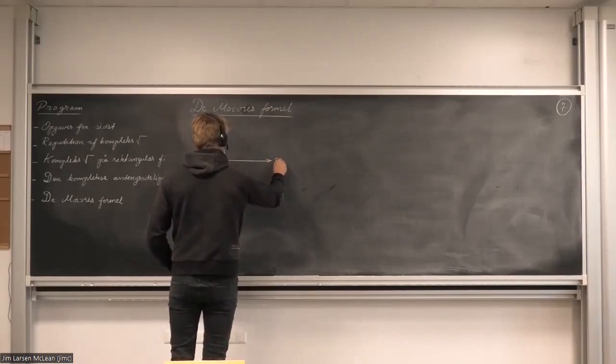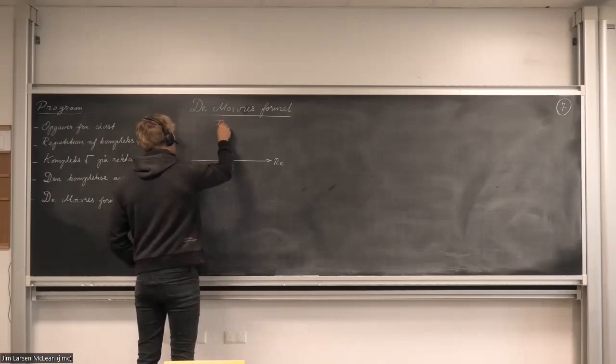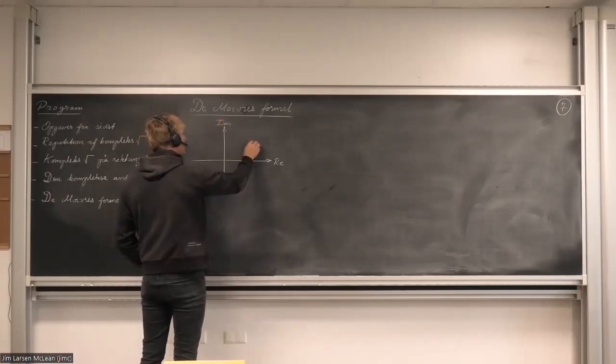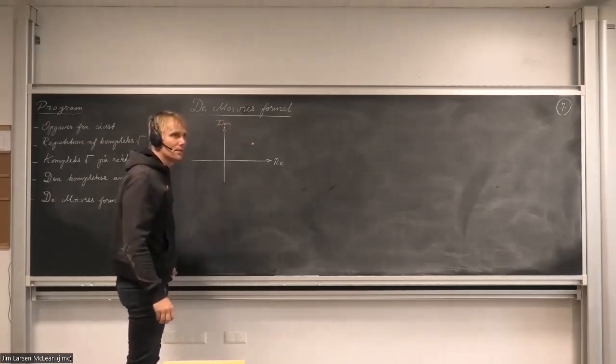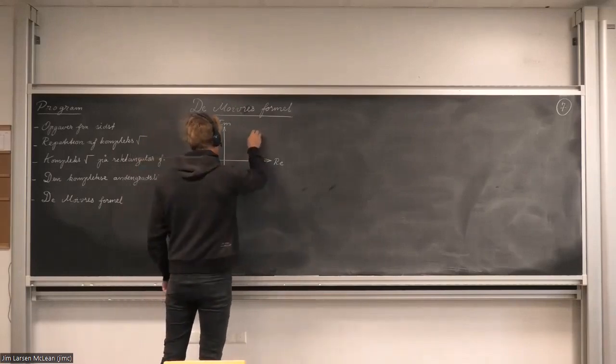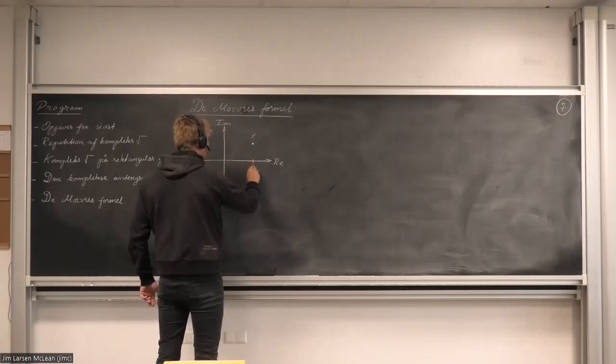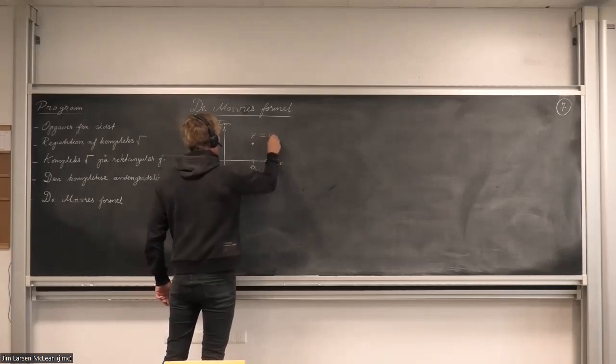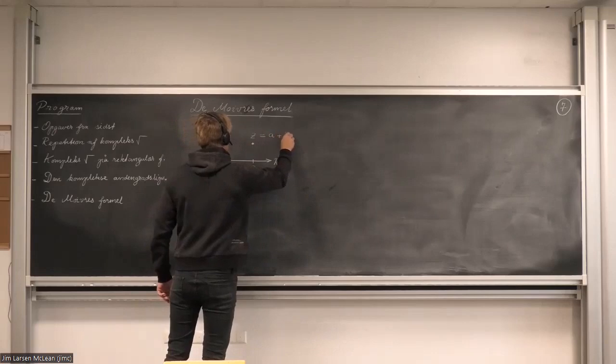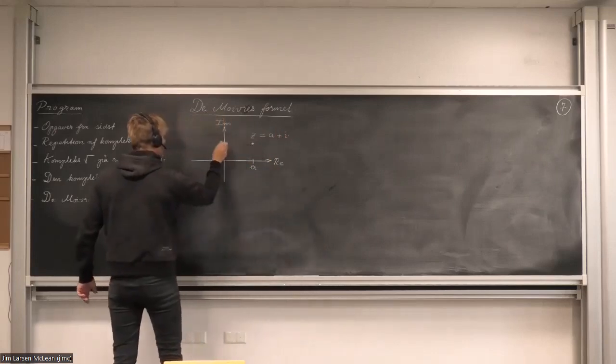So here's a version of the graph. And here we have a point somewhere in the complex plane, where each point is associated with a complex number. So that's a complex number lying there, z. And we can write that in the form a plus i times b, where b is out here.